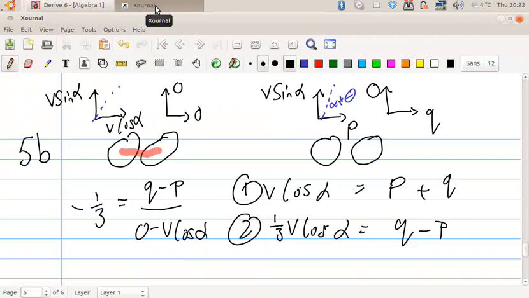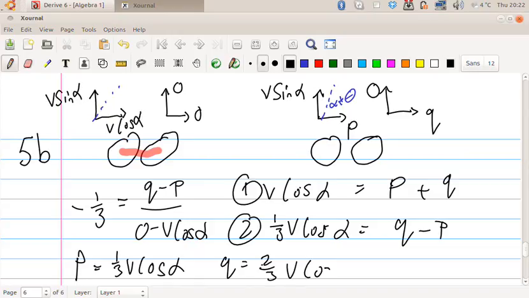So I'll write that down here. P is 1/3 V cos alpha, and Q is 2/3 V cos alpha. Right, now what I haven't used yet is the fact that this angle here is alpha plus theta. So the way these oblique angle ones work is that first you use restitution, then use momentum, and then you have to look at the angle after the collision, which makes equation number 3.